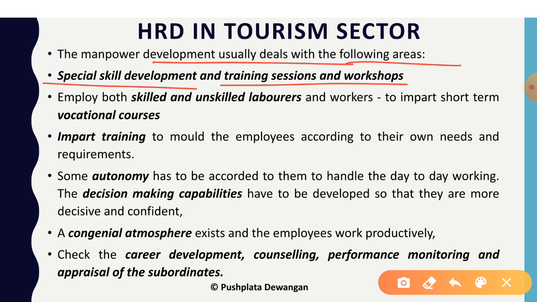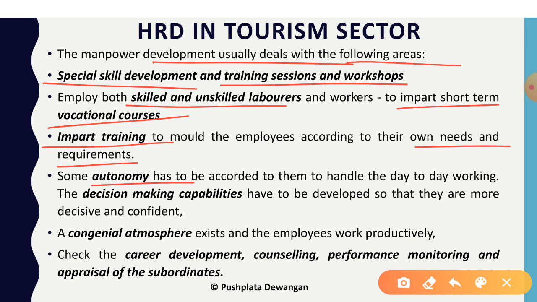Next is that it must employ both skilled and unskilled labor and workers by imparting them short term vocational courses. Next, it also imparts training to mold employees according to their own needs and requirements. It also provides autonomy. Some autonomy has to be accorded to them in order to handle the day to day working of the tourism sector, and decision making capabilities have to be developed so that they become more decisive and confident in their work.